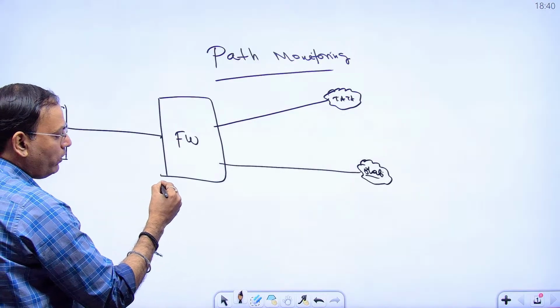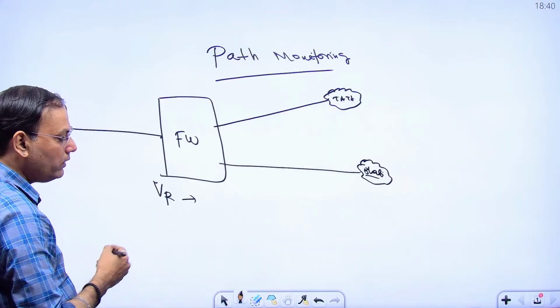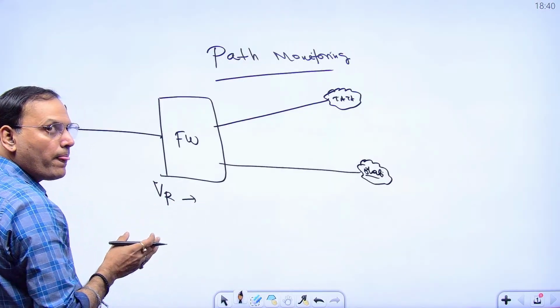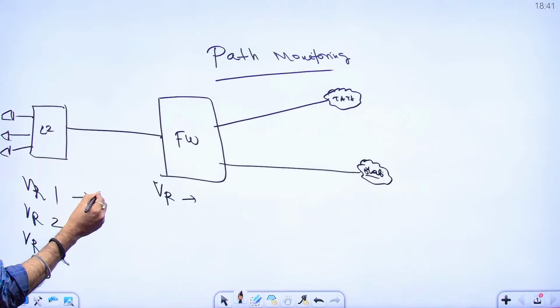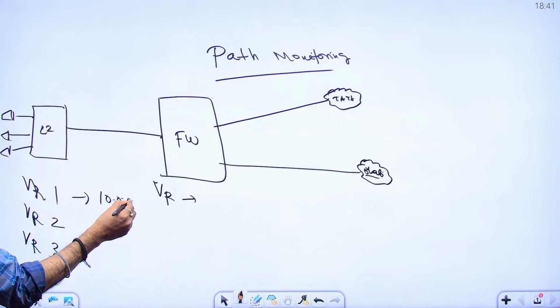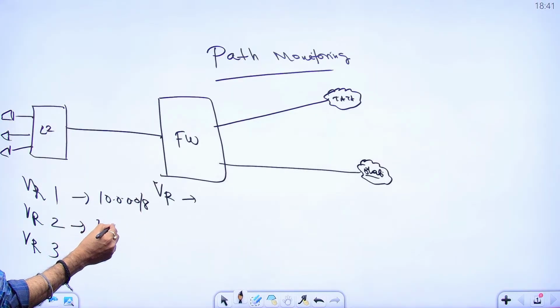On your firewall there is a virtual router. Virtual router means on your firewall you can do multiple virtual router configurations. For one client you can say your virtual router is 1, for a different client virtual router 2, for a third client virtual router 3. What will happen if you have multiple virtual routers? You can have the same subnet configured in all these virtual routers, and they will not overlap.